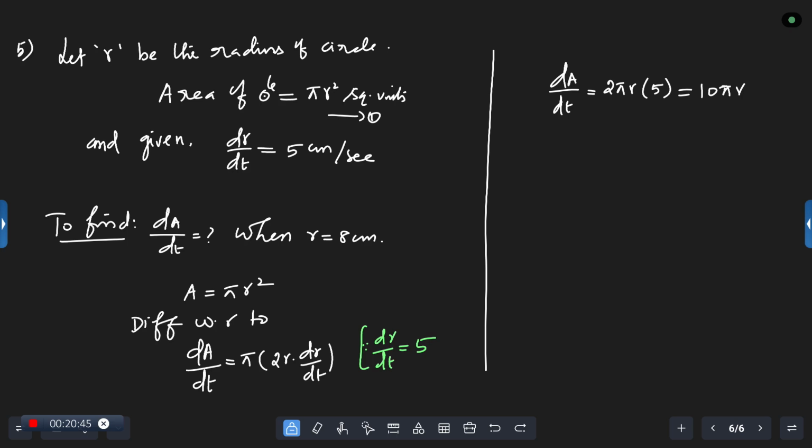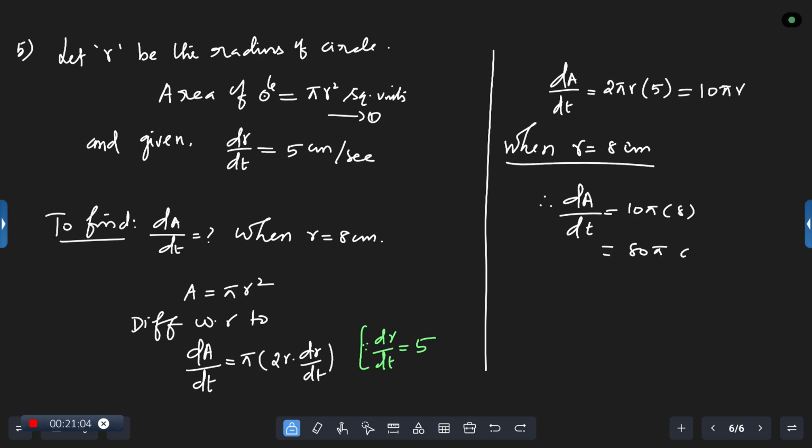Then when radius r equal to 8 centimeter, therefore the rate of change in area, correct? So 10 pi into 8, that is equal to 80 pi centimeter square per second. Any doubts? Yes.